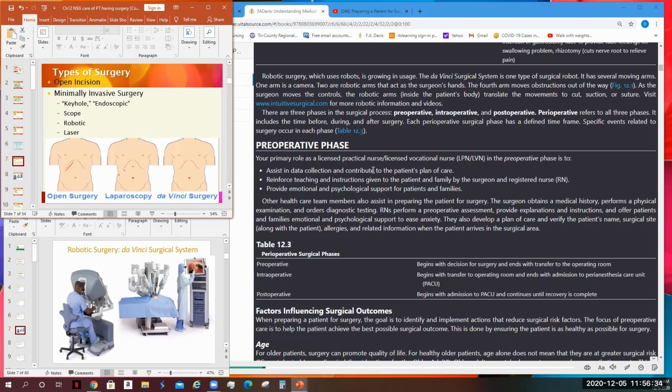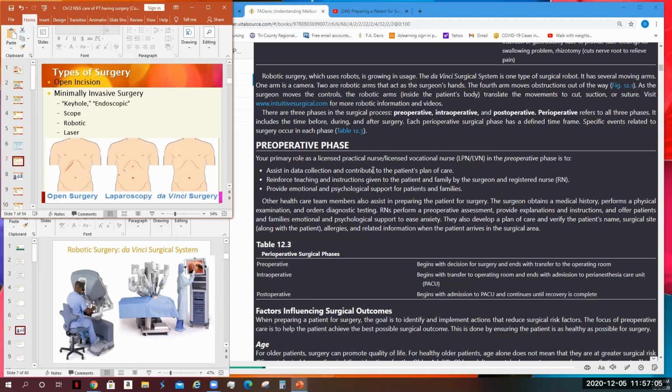Other healthcare team members also assist in preparing the patient for surgery. The surgeon obtains a medical history, performs a physical examination, and orders diagnostic testing. RNs perform a preoperative assessment, provide explanations and instructions, and offer patients and families emotional and psychological support to ease anxiety.